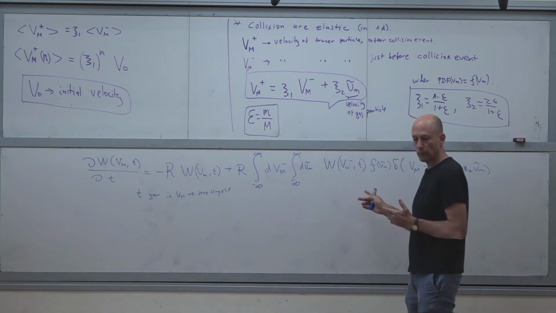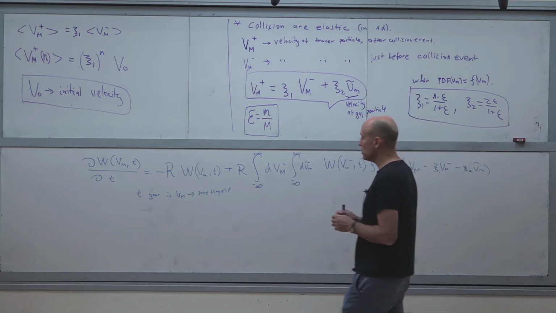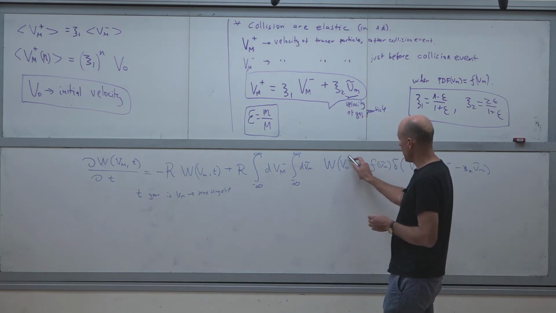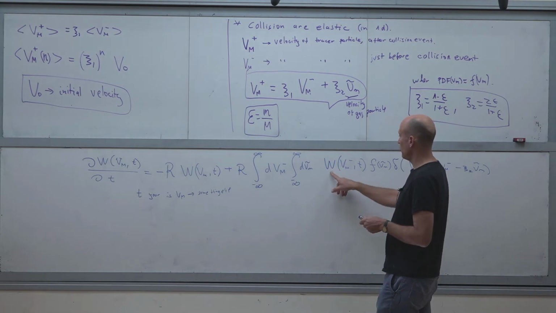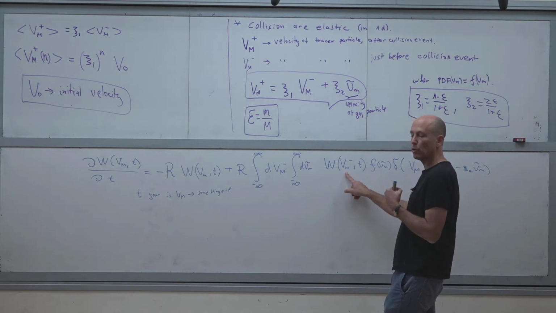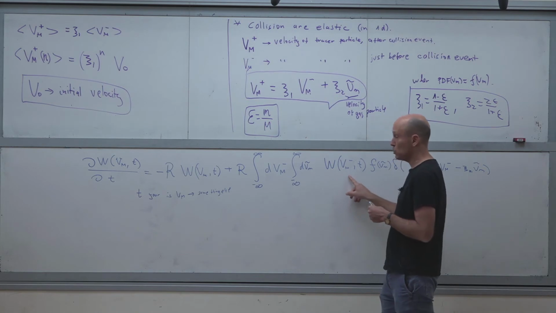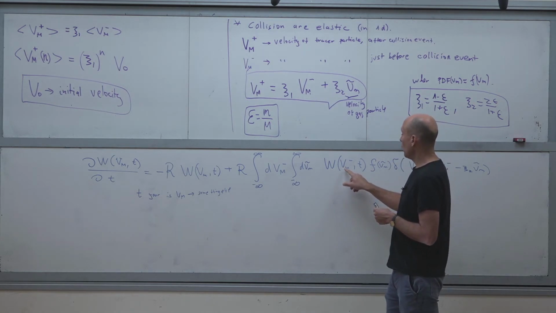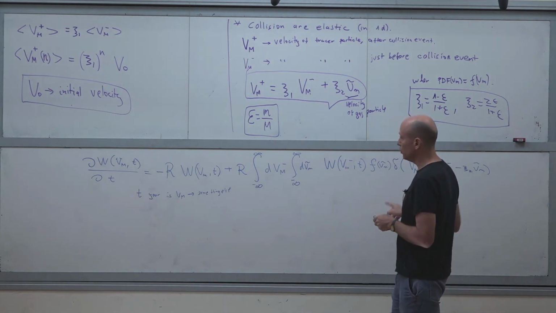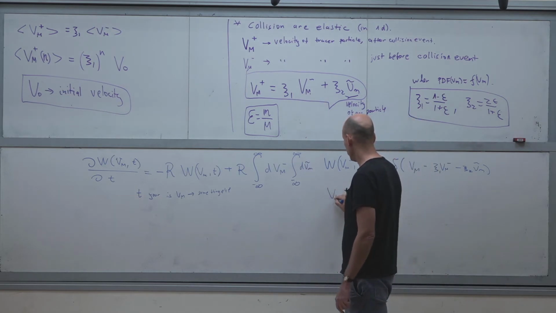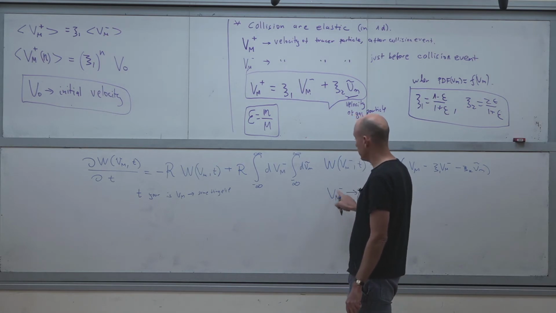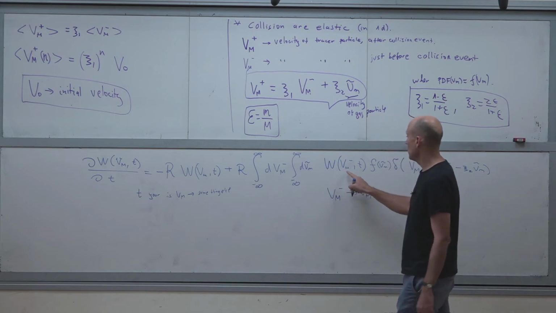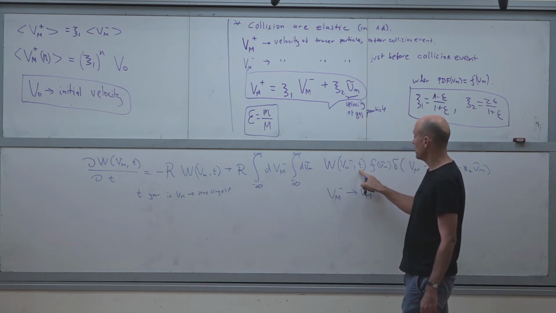This is the opposite. This is you had some velocity Vm minus. What is the probability to have a velocity Vm minus? That is just before the collision. It's given by this thing, which we are looking for. Now, to go from Vm minus to Vm, so this describes going from some Vm minus, and it can be many different Vm minuses, given by this distribution, which depends on time.